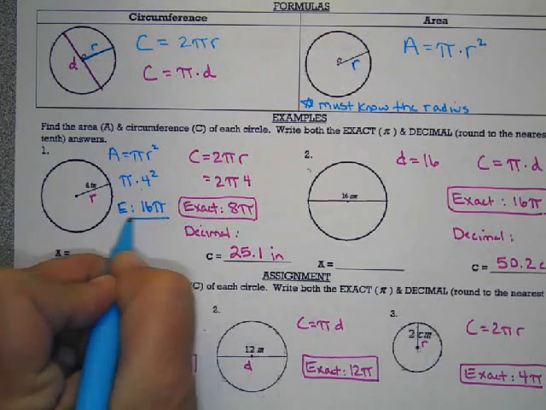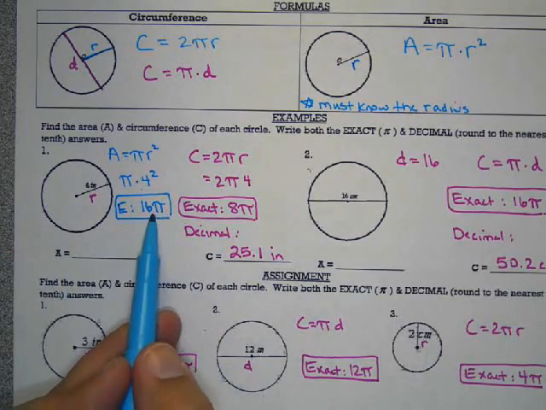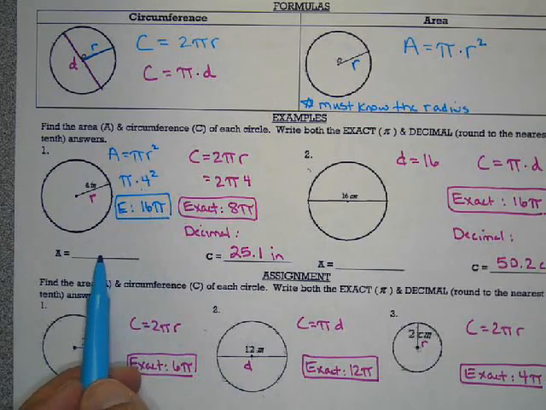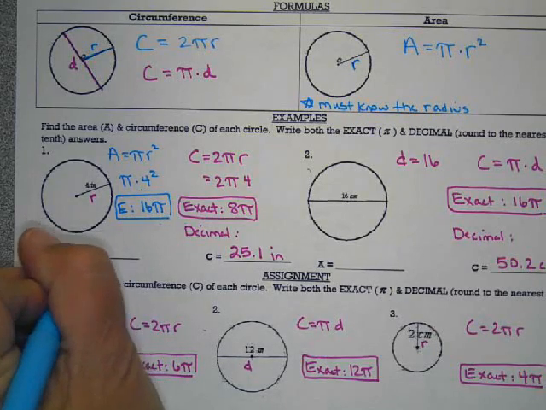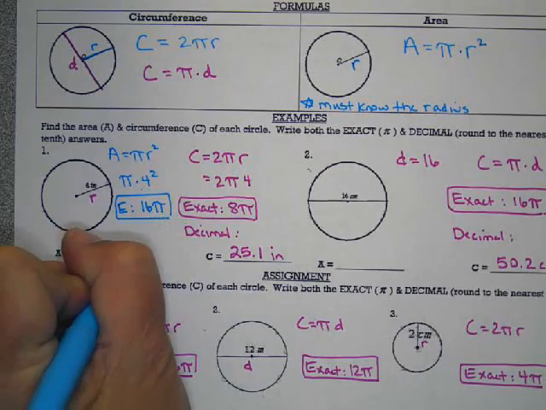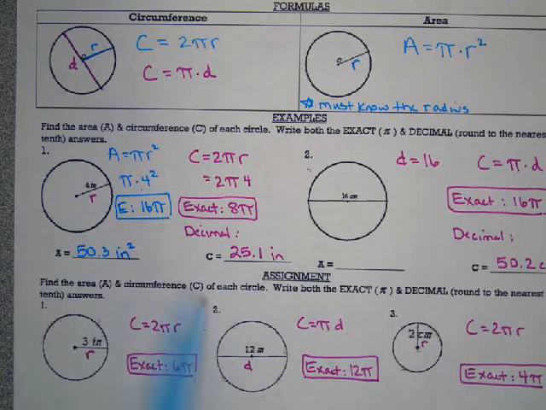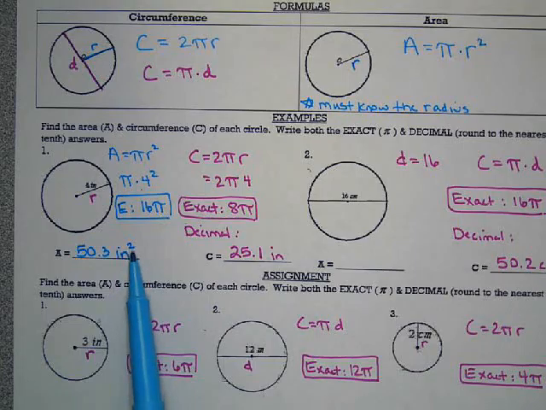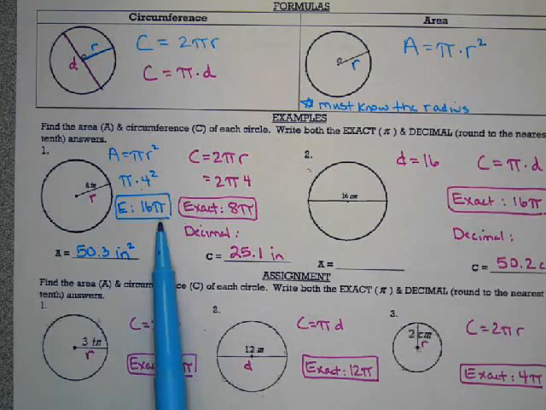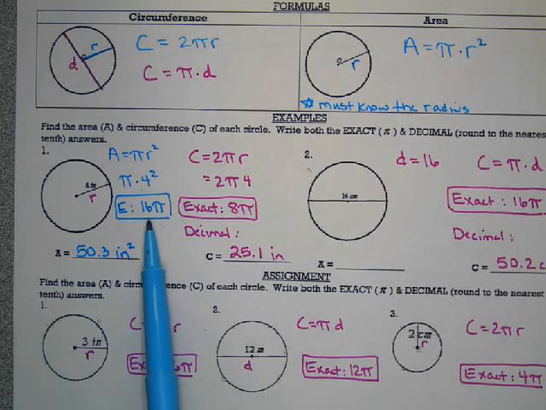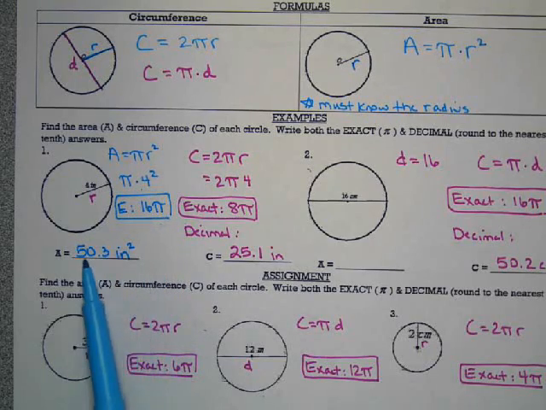For your decimal answer, you do just 16 times pi, just like we did for circumference, and it's about 50.3. But this time, since it's area, you have to write your answer in units squared. So to get your exact answer, the number that goes in front of pi is when you square the radius. And then to get the decimal answer, I did 16 times pi, 50.3.